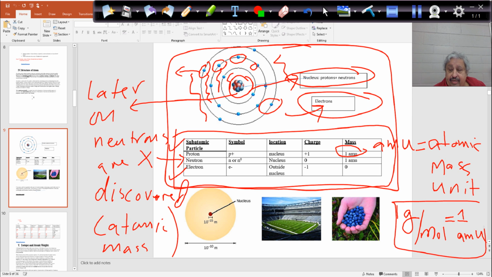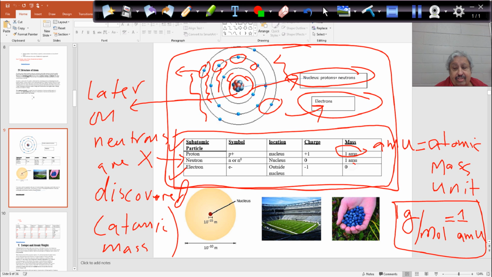So as you can see, the proton and neutron are almost identical in mass, almost, not exactly. There's a little bit of variation, very, very tiny, after the decimal. So they don't really differ in the whole number, but after the decimal there are fractional differences between protons and neutrons.